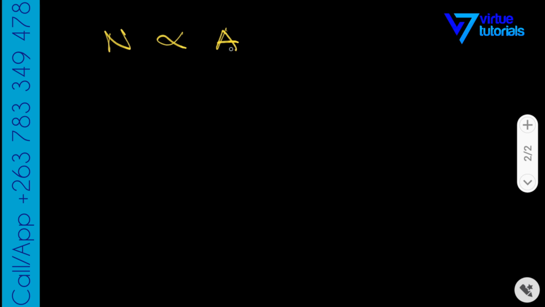Now this variation sign can be replaced by two things: an equal sign and a constant, right? So instead of writing n, the variation sign, a, I can write n equals constant times a. So I can write n is equal to k times a there.